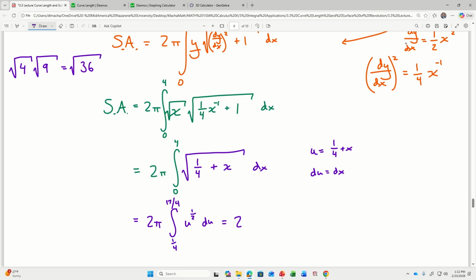So now I've got 2 times pi times the antiderivative of u to the half. That's going to be u to the 3/2, and you multiply by 2/3 for that antiderivative. And then upper bound 17 over 4, lower bound 1 over 4.